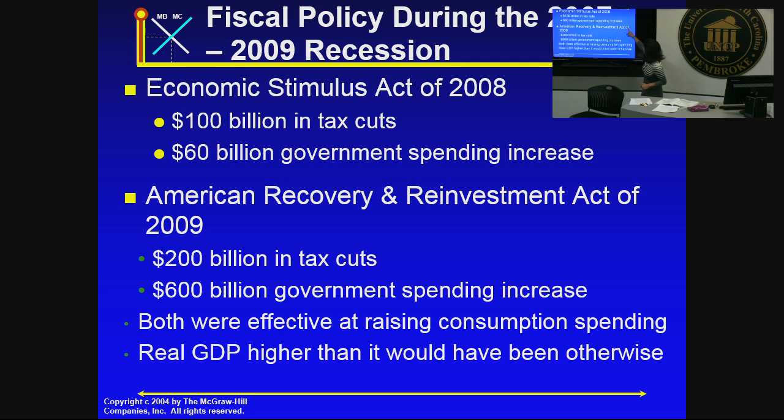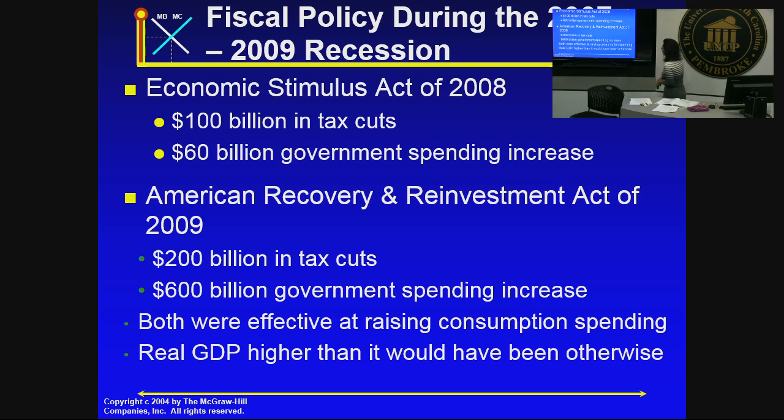60 billion in government expenditure increase, so that's an increase in G, and a decrease in tax, the T. And you heard about this famous act by Obama, the American Recovery and Reinvestment Act of 2009. They doubled that amount of tax cut. Instead of 100, it's now 200 billion. And 10 times that in government expenditure, because we have a dollar deficit now.